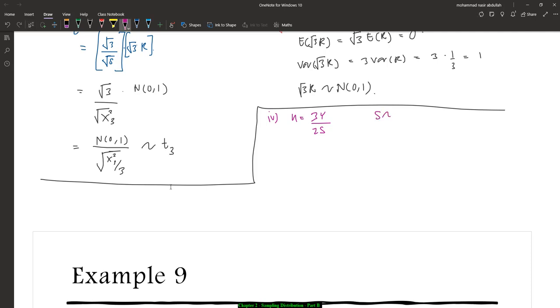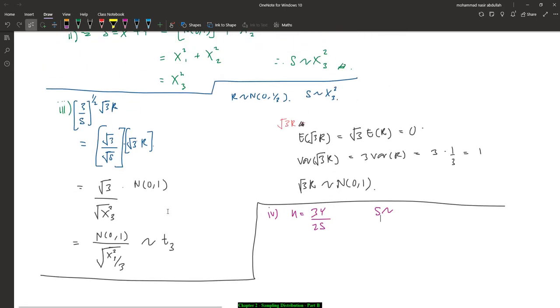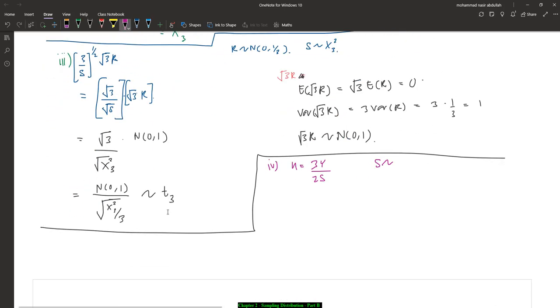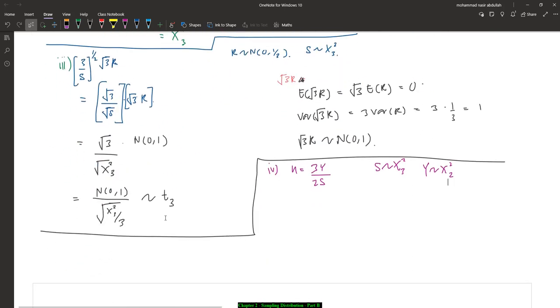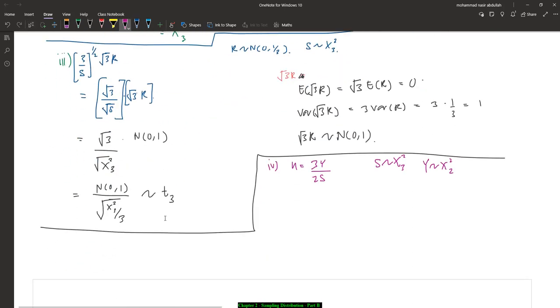So S has a chi-squared distribution with 3 degrees of freedom, and Y has a chi-squared distribution with 2 degrees of freedom. So this one should be 3 times chi-squared with 2 degrees of freedom, over 2 times chi-squared with 3 degrees of freedom.